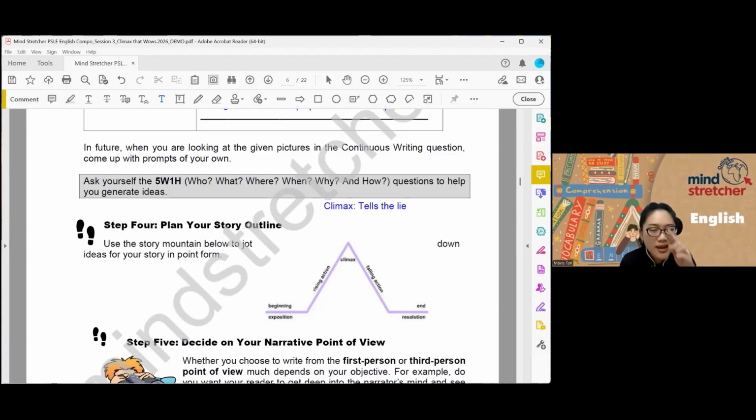Or somewhere in the rising action, towards the end, your character has already told the lie, and in the climax, he or she has to try to prove his or her innocence.